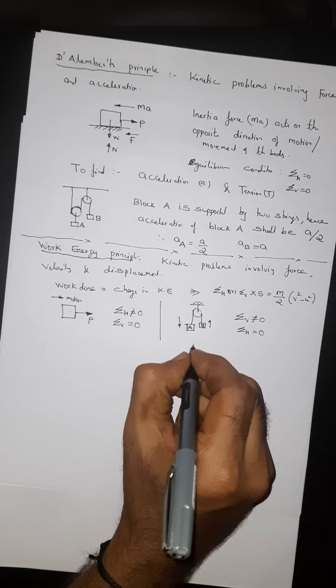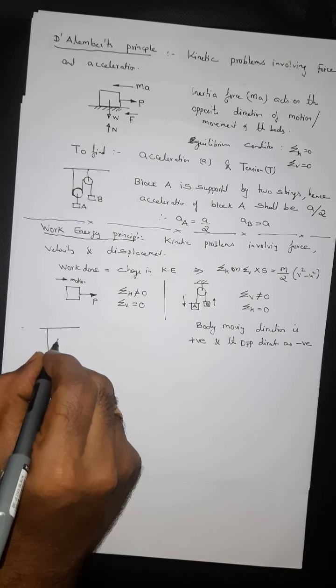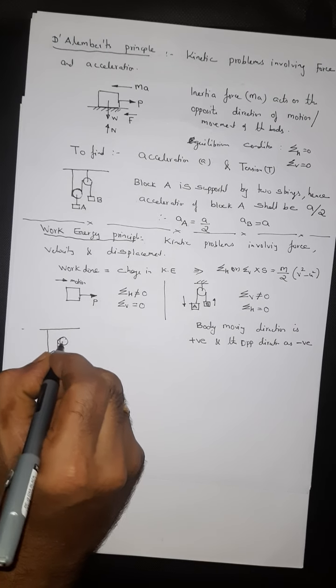Suppose a two pulley problem, similarly this one. If you use this kind of problem, then this can be mentioned in this manner. Let me just explain after drawing the sketch.